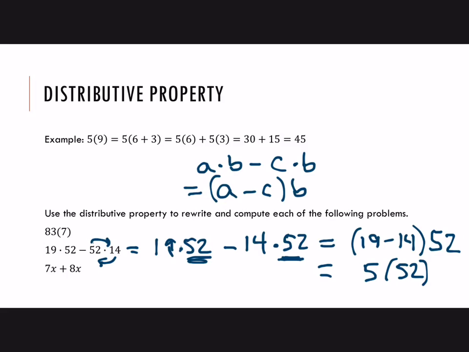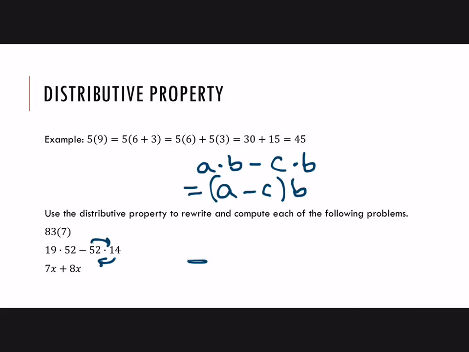Now I can do some different things with this. Maybe using the associative property, because I could rewrite 5 as 10 divided by 2, right, and go from there. Or one option, let me just work this the same way that I did the last example. Okay, when you have a double-digit number like that, we can break that down.